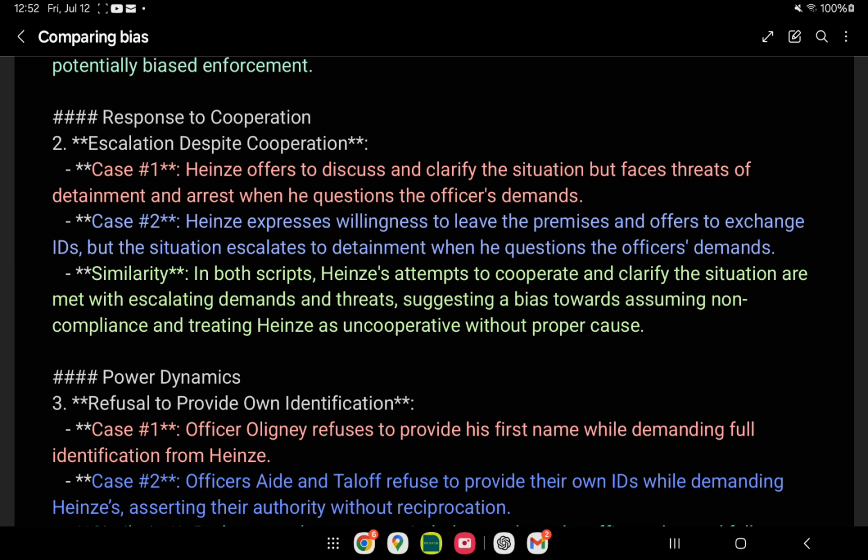Hines expresses willingness to leave the premises and offers to exchange IDs, but the situation escalates to detainment when he questions the officer's demands. Similarity. In both scripts, Hines's attempts to cooperate and clarify the situation are met with escalating demands and threats, suggesting a bias towards assuming non-compliance and treating Hines as uncooperative without proper cause.